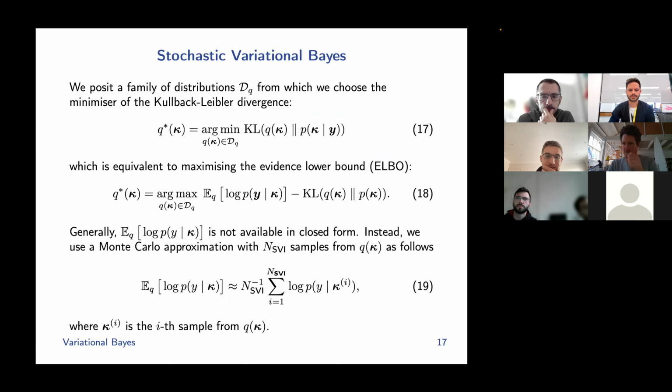So if you look at this optimization problem, there's maximization of this ELBO term, the evidence lower bound. This term doesn't need a PDE solve, and it's available in closed form. So this one is easy.